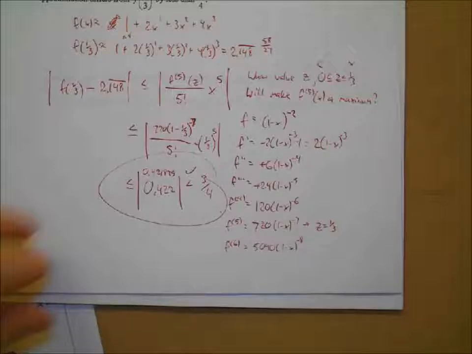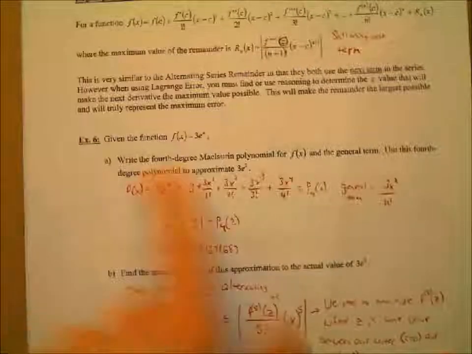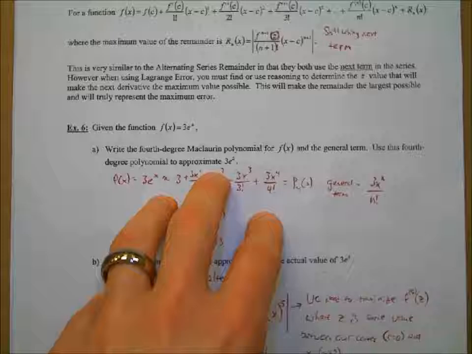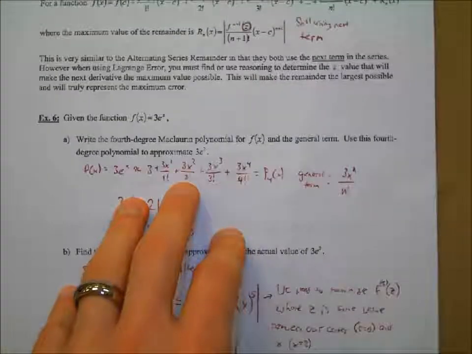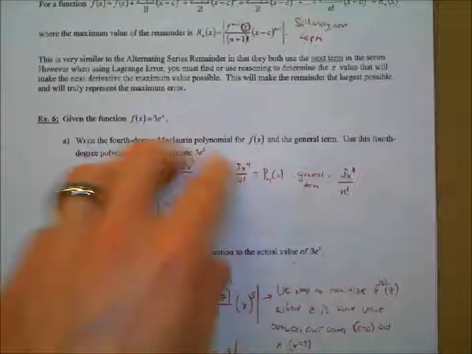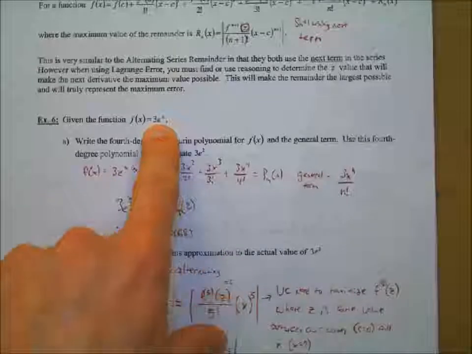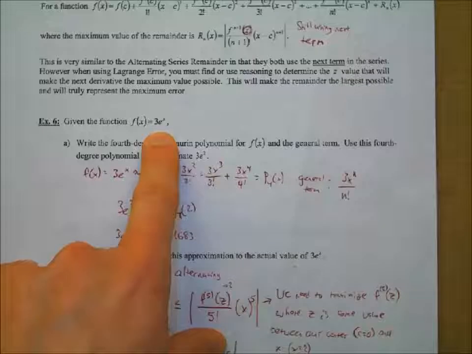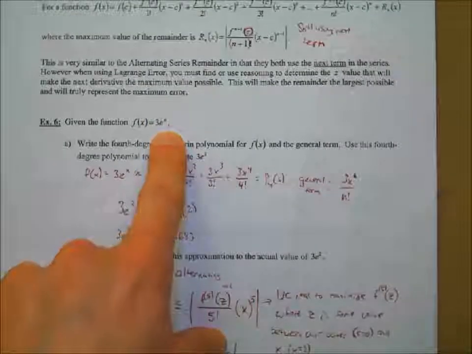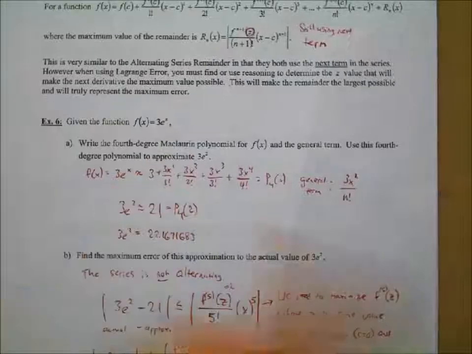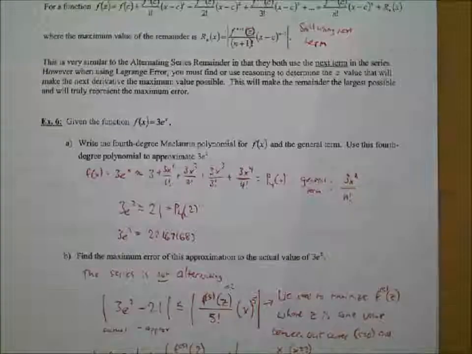So that's one variety of problem. Oops, I'm pointing to things and it's frozen. Sorry. Again, just to give you an overview of the kind of problems you'll be expected to do. Here's a typical problem where we take a power series and then build the given function based off the known power series. We know e to the x, we build 3 e to the x by multiplying e to the x's power series by 3, and then we found the error that way.